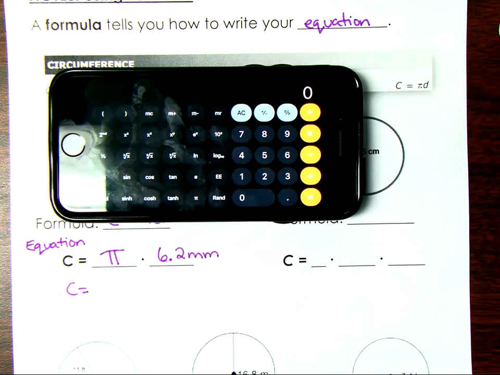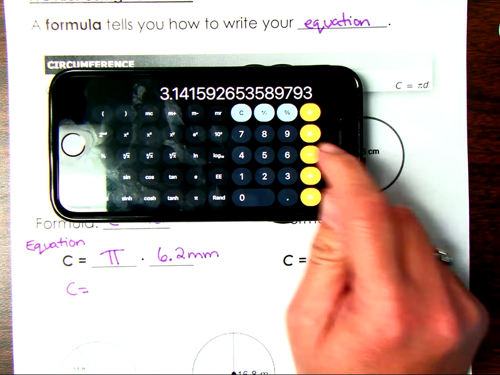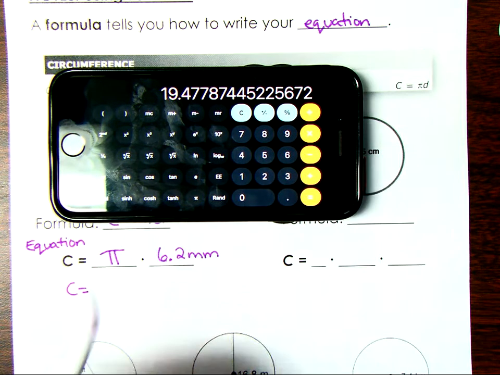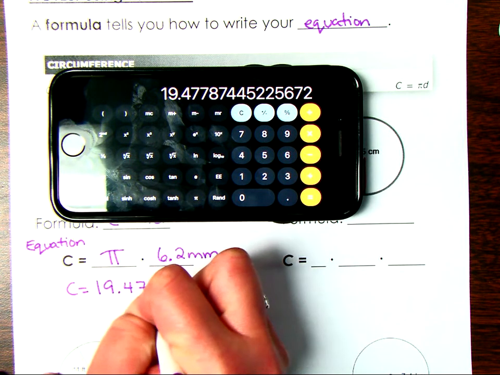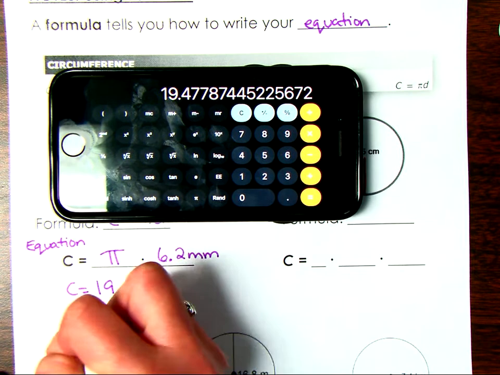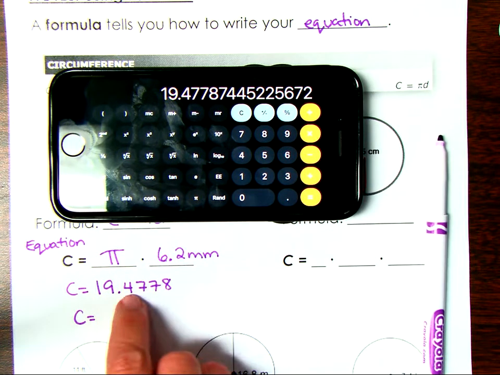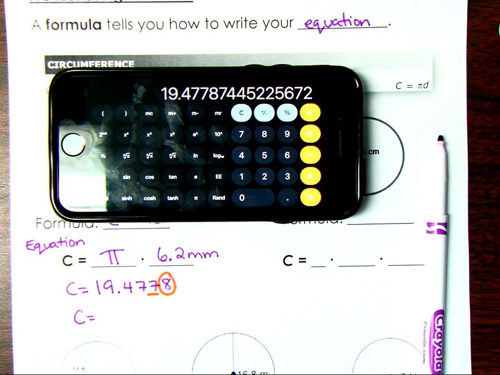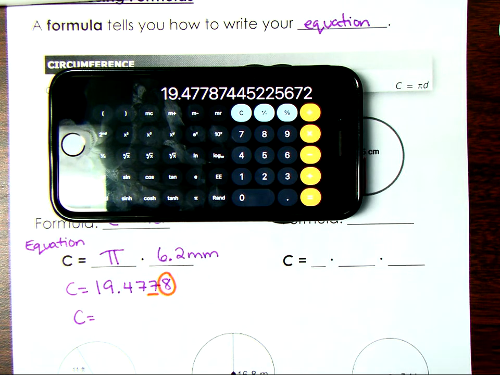Alright, so we're going to say pi, again that's the approximation of that 3.14, times 6 2/10, and they give you this long number, 19.4778, and so on. So we're going to round it to the nearest thousandths. So tenths, hundredths, thousandths. So you only have to look at this number. So 4 or less, we're going to let it rest. 5 or more, we're going to add 1 more.